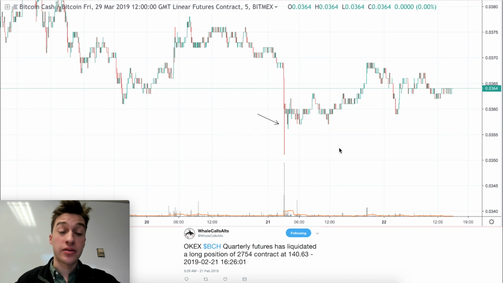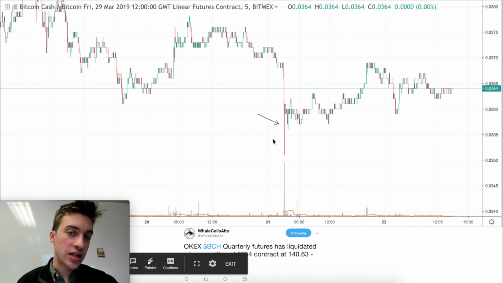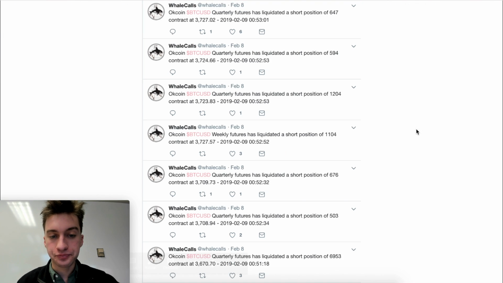So that's a pretty sizable increase within one day. So this would have been a pretty good spot to buy, as you can see, because you're taking advantage of other traders getting liquidated. Here's another example of just massive liquidations occurring from 51.18 to 53.01.